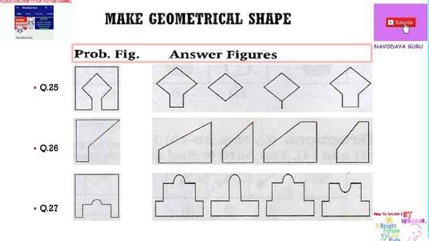Let's go to question number 27. This is the incomplete portion which we need to first draw with freehand, and now we are looking for this kind of design. Let's check. This option 1 is incorrect because here this design is not required.